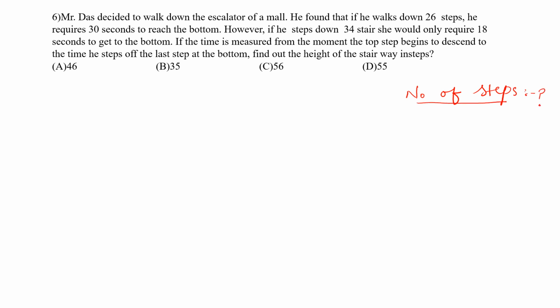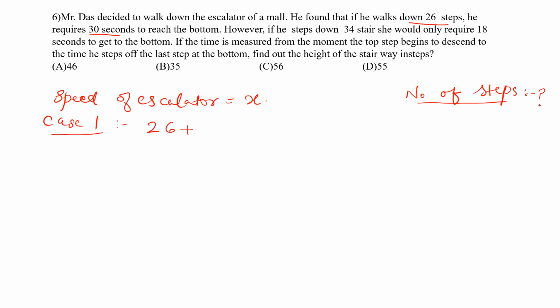So let's take the speed of the escalator as x. Now there are two cases given, that is if he walked down 26 steps, he requires 30 seconds to reach the bottom. So in case 1, he is stepping down 26 steps, and also the escalator is moving on its own.